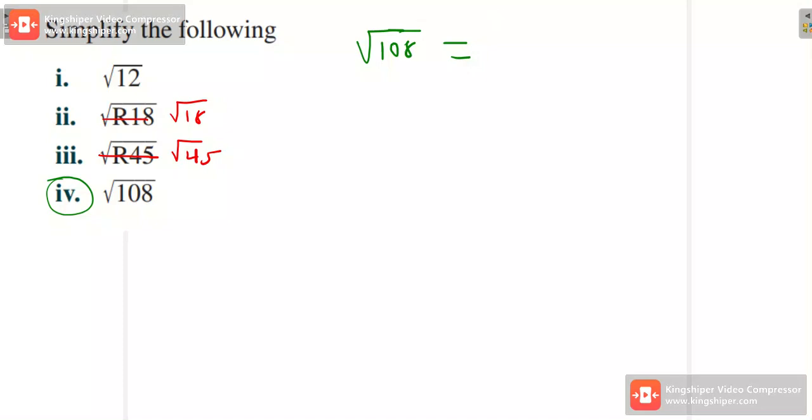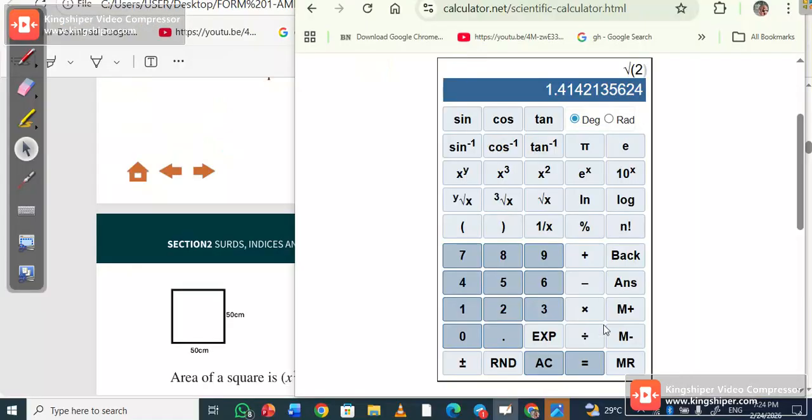Let me start with 108. I want to divide this first. Let me divide it by 2. I'm getting 54. 54 is not a perfect square, so I don't want 54.